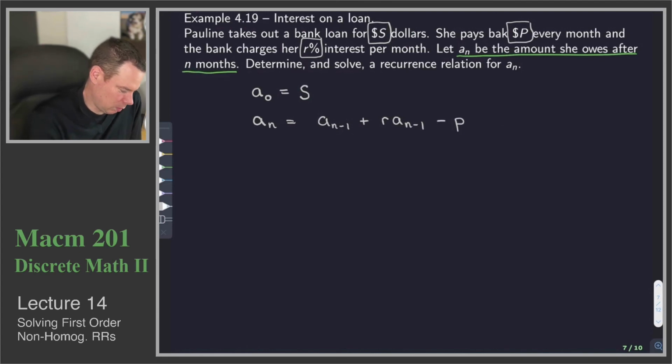And her payment is for this month, so we'll indicate here where these are coming from. Amount owed, or maybe I should say amount still owing after last month.